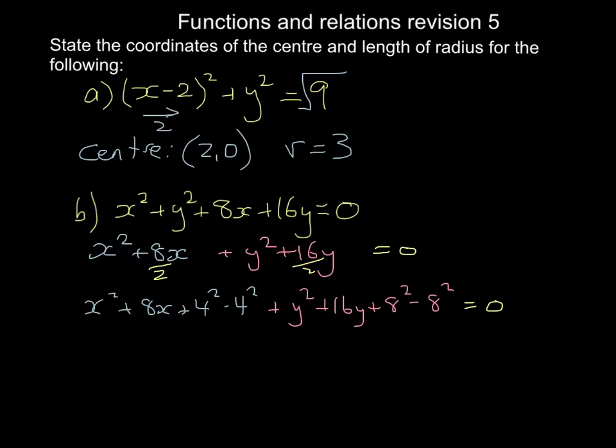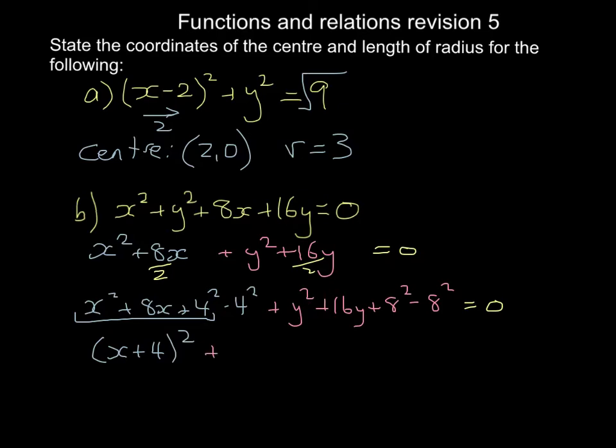Next what we do is take the x components, and the first 3 bits here make up the perfect square. So this will be x plus 4 all squared. And then I'm going to go straight to the bracket for the y component.